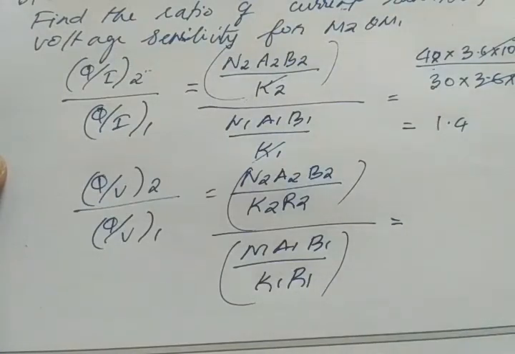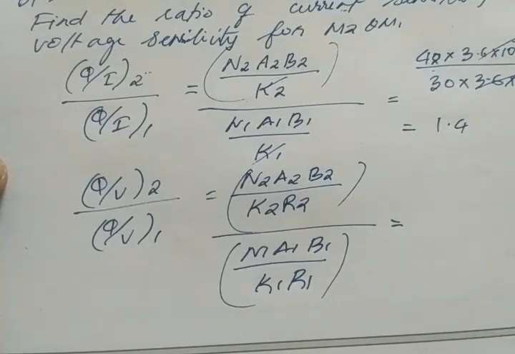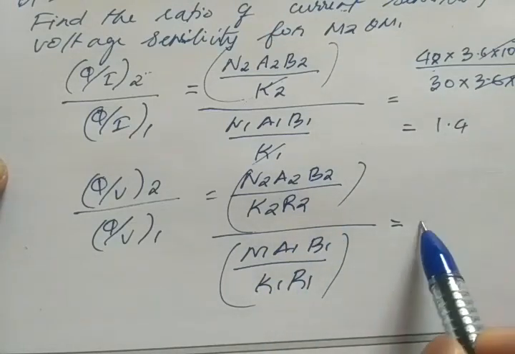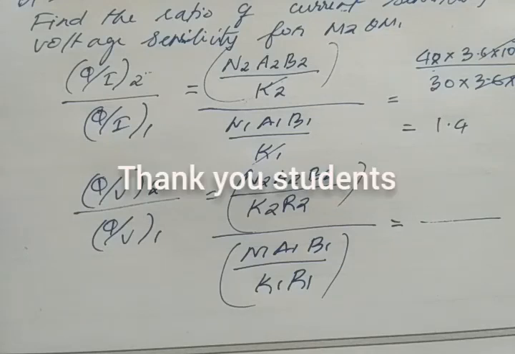Substitute all the values. We have both resistance values: for resistance 1, 10 ohm, and second resistance 14 ohm. Substitute all the values, then you will get the ratio. Find it and post it in the group. This is all about chapter 4.